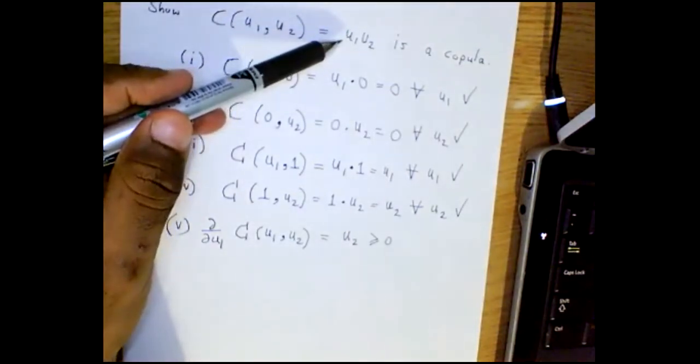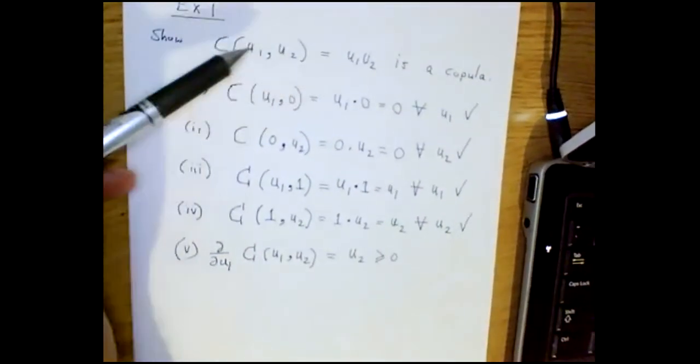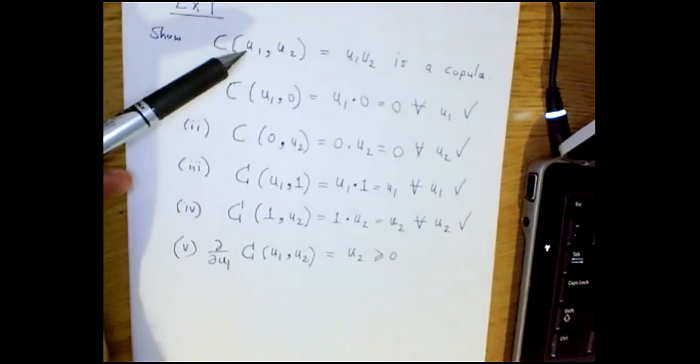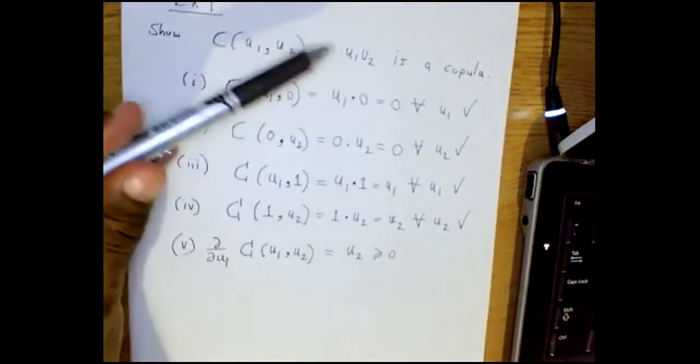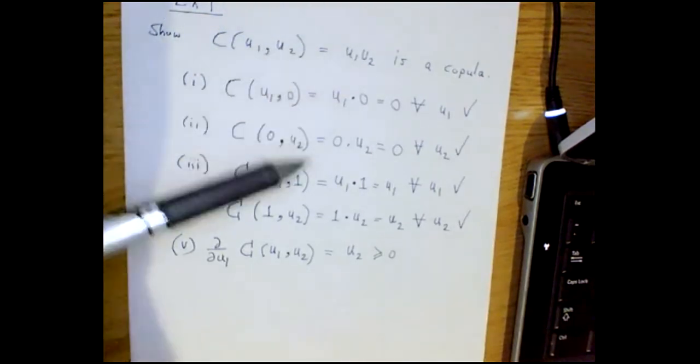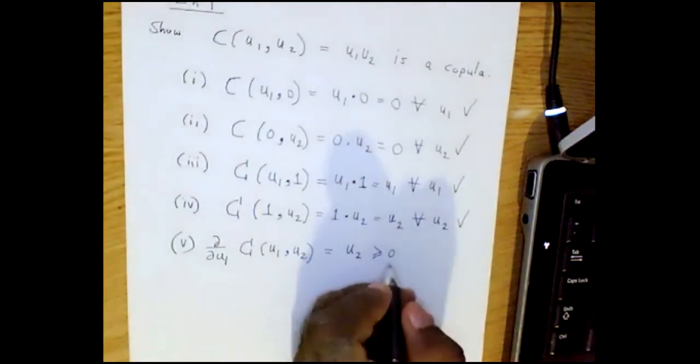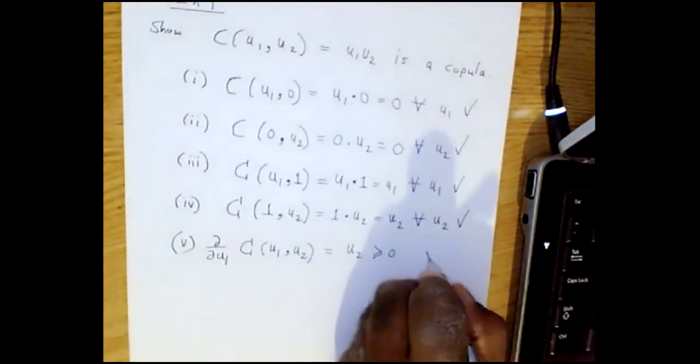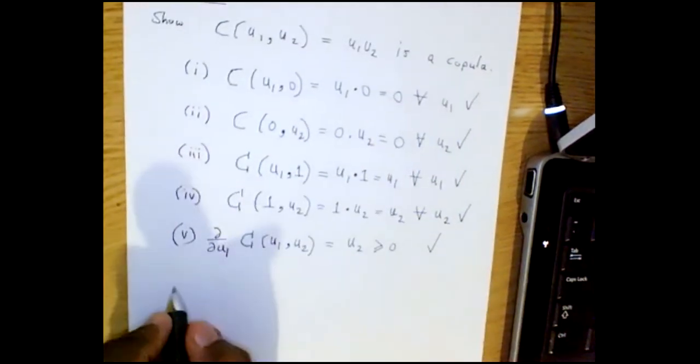Because remember, each of these is between 0 and 1. As I said before, the copula is defined from the unit square to the unit interval. So that means each of these guys is a number between 0 and 1, right? Okay. So this condition is satisfied too.